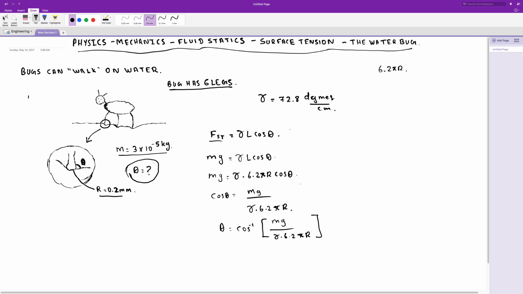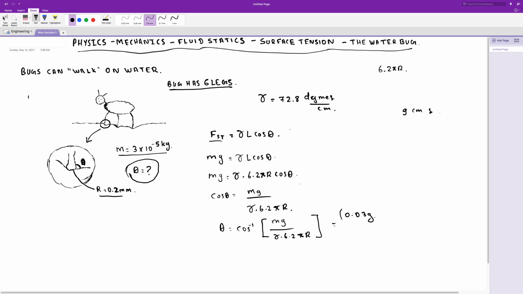So we can now substitute all the values and find the answer, but in this case we have too many different units, so we can write everything in gram, centimeter, second format. So let's write in that format. We have 3 times 10 to the power of minus 5 kilogram, that is equal to 0.03 gram.